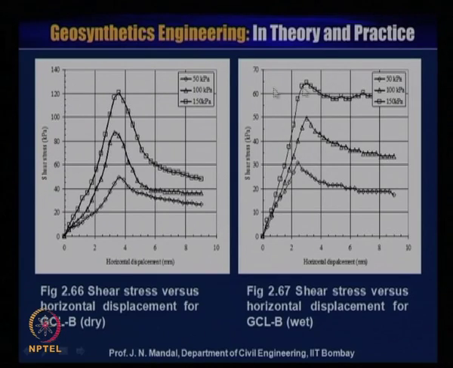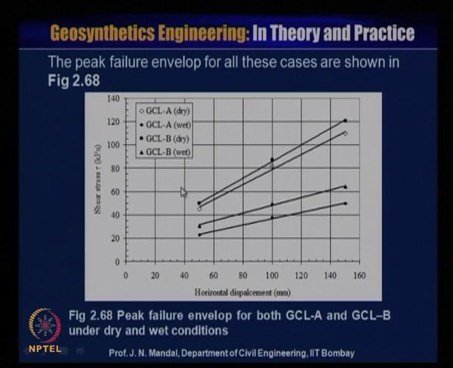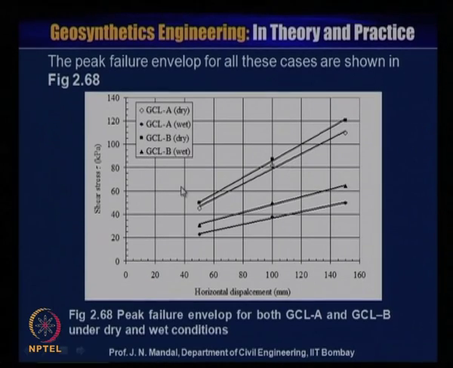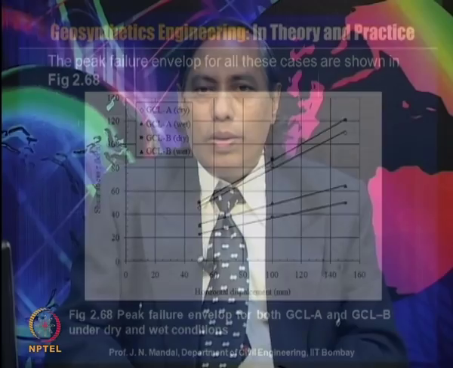From here we can conclude that when the GCL is in the dry condition, the shear stress value is higher, and when the GCL is in the wet condition, the shear stress value is relatively low. But the horizontal displacement is almost the same whether it is wet or dry. So, this is the behavior of the geosynthetic clay liner.